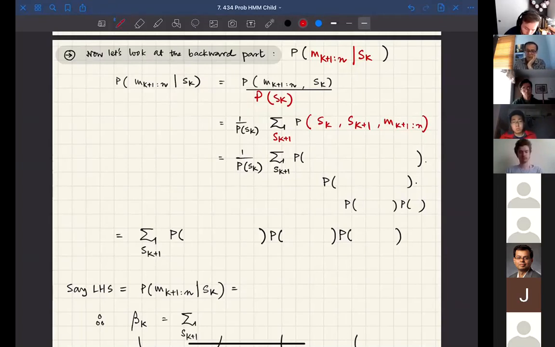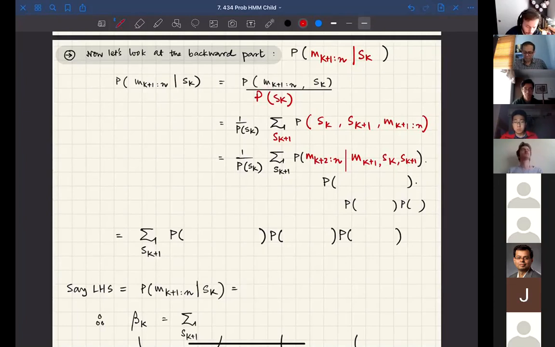Now I'm going to do the following. I'm going to say mk plus 2 to n given mk plus 1, sk plus 1. Any problems? Basically, I took mk plus 1 to n and I divided that into mk plus 1 and mk plus 2 to n.